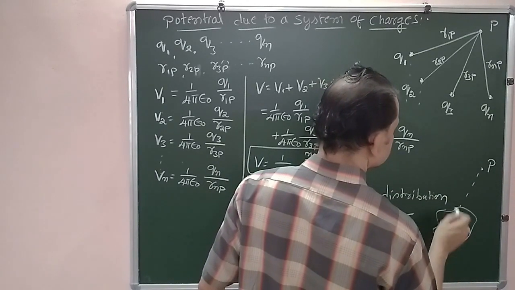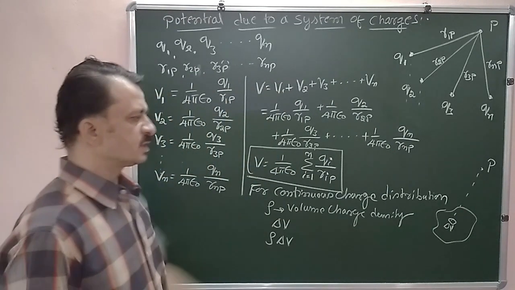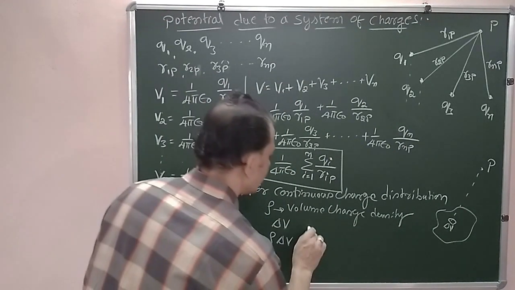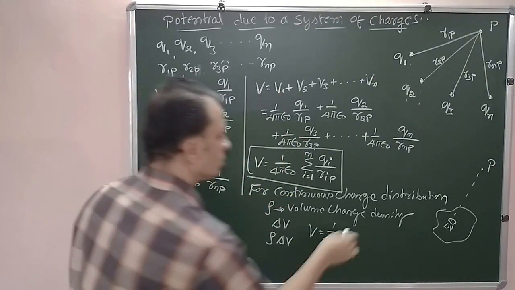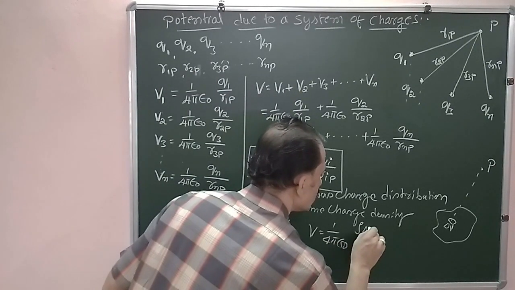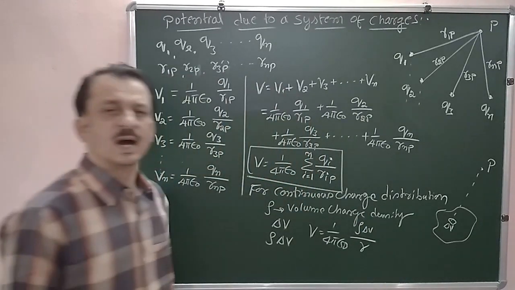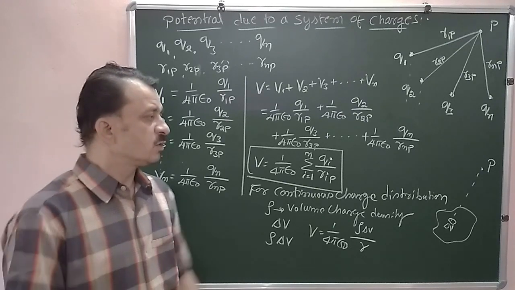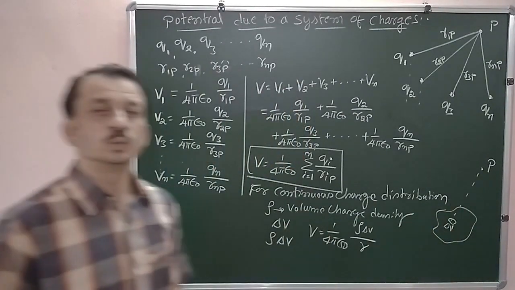Now let me consider this small volume delta V. Therefore, the potential at that point is V equal to 1 divided by 4 pi epsilon naught into what is the charge, rho into delta V, divided by some distance R. Then what is the total potential due to the entire volume?